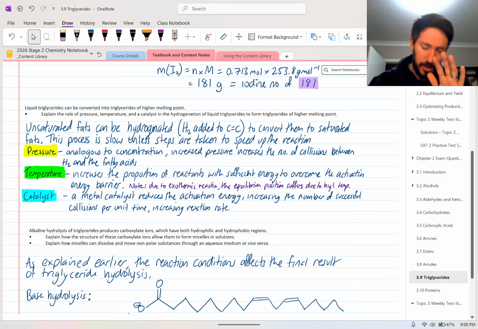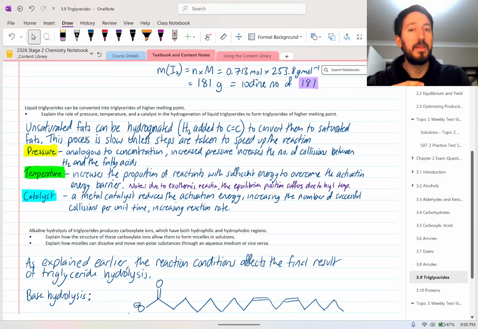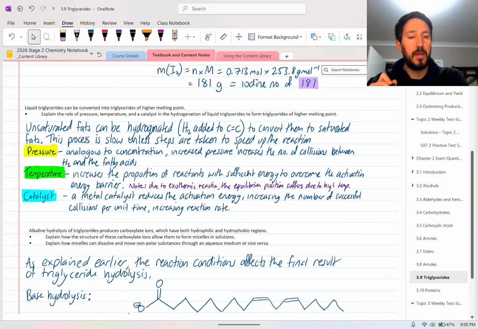Sorry, I know I've made a mistake. I've caught myself. When you have a saturated fat, all the bonds are single bonds. They can align themselves straight. They can overlap quite well, and their intermolecular force is stronger, which means their melting points are higher. So saturated fats have higher melting points.